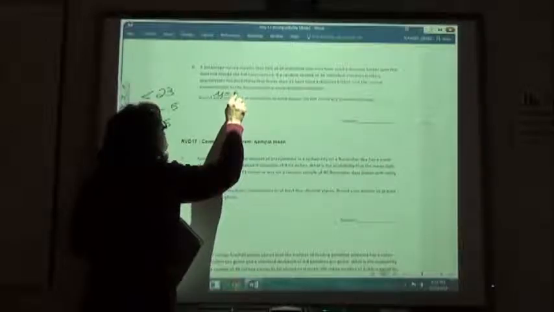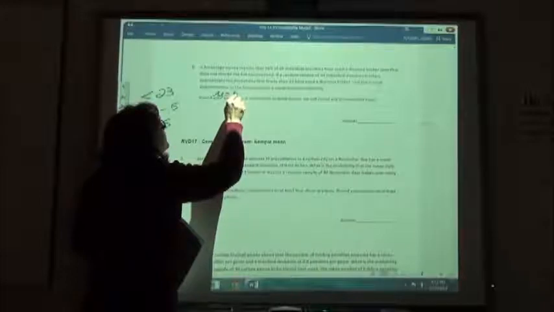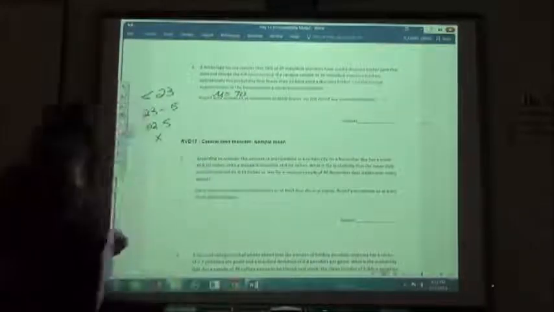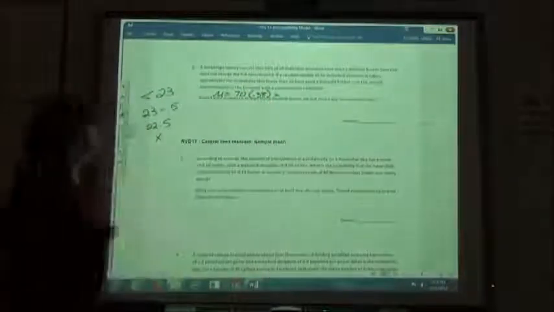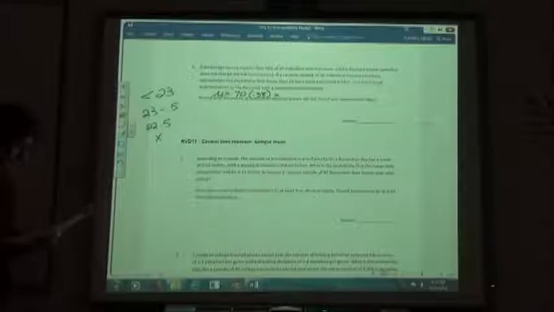The number from our sample was 70, right? 70 individuals surveyed. That's our N. Our P is our percent, 38%, right? So 70 times that 38% would give us 26.6.